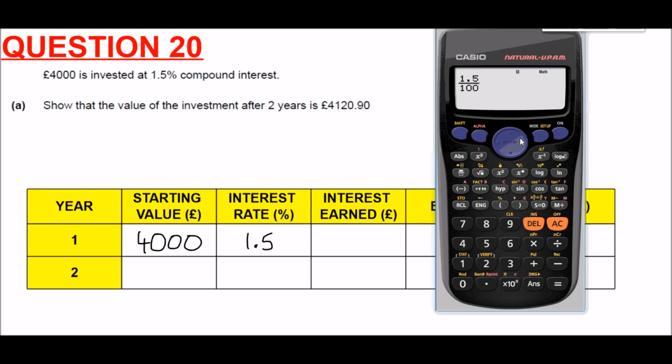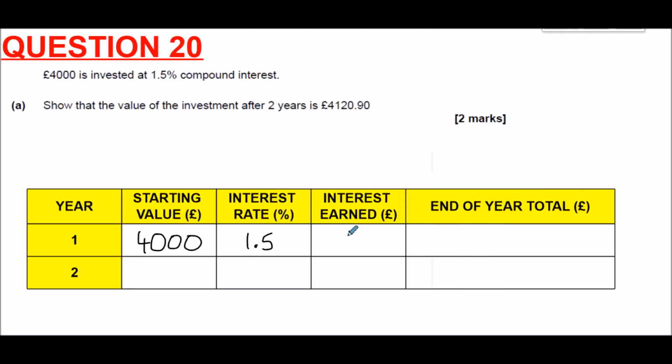So it's that percentage of the initial 4,000, which is 60. So the first year we get £60 interest. So the end of year total will be the £4,000 we started at the beginning of that year, plus the £60 interest, which comes to £4,060. So that final amount at year 1 is what we're going to begin with at the start of year 2.